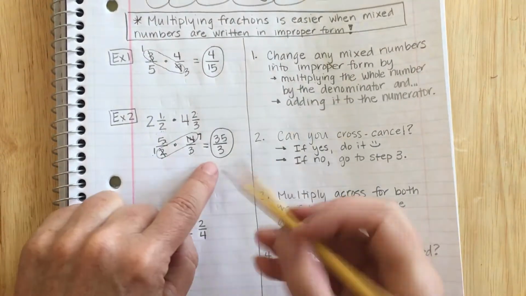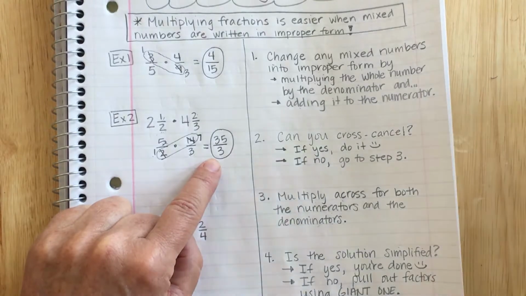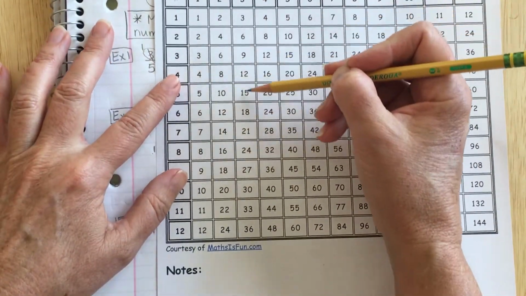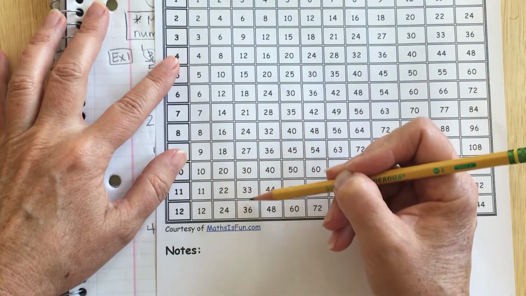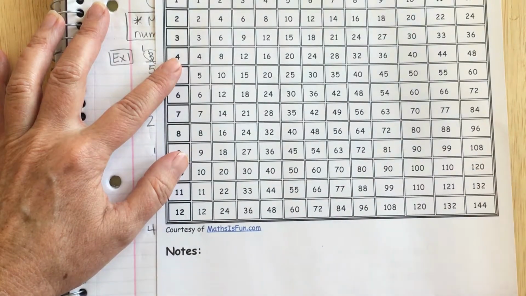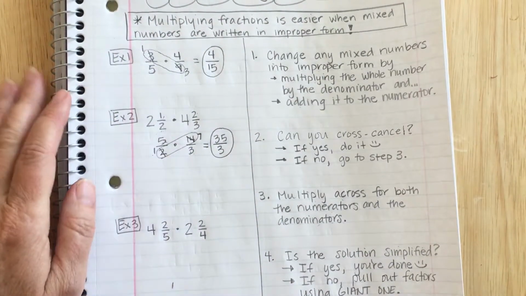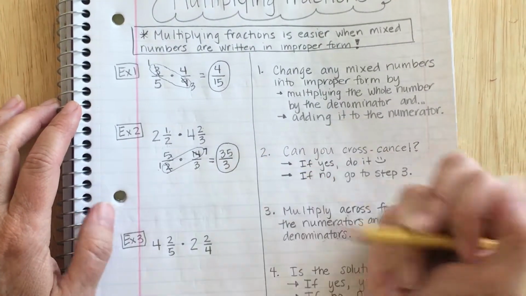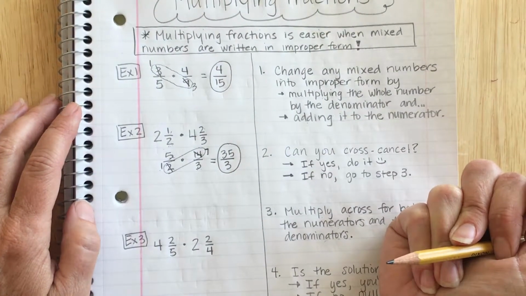Well, I know that 3 cannot go into 35, but if you ever needed to check, you go to 3 and you glance down and notice 3 does not go into 35. See, it goes into 33, it goes into 36, but it does not go into 35. So this is already simplified. And in 8th grade, we like improper fractions, so you get to leave it just like that.